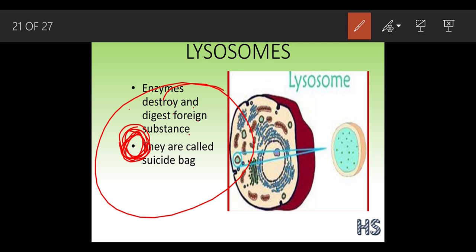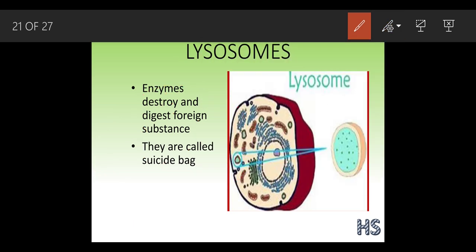Suppose these are the granules, ribosomes, which synthesize the proteins. So the protein which is produced by these ribosomes is digested by the lysosomes during the starvation period only. Okay, why is the wall quite thick? The reason is that whenever cells get damaged or destroyed, its own lysosomes digest the cell.